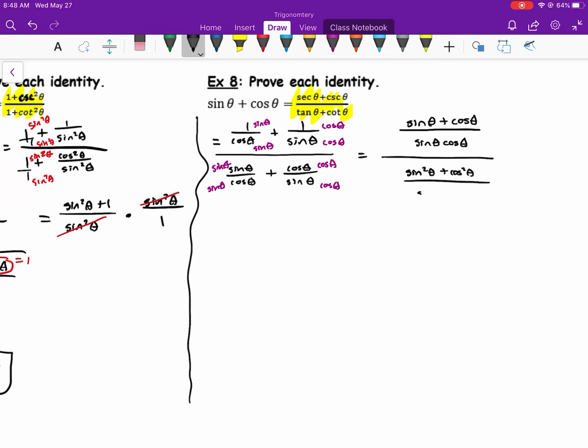It's nice when you see that because we know it's going to cancel out nicely. Alright, just in case you haven't seen the pattern yet, I know that equals 1. I'm going to flip here, I'm going to multiply.